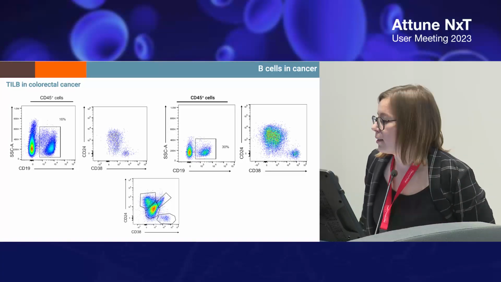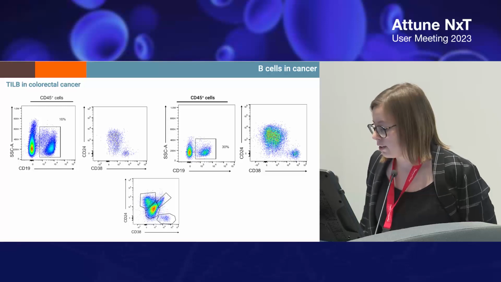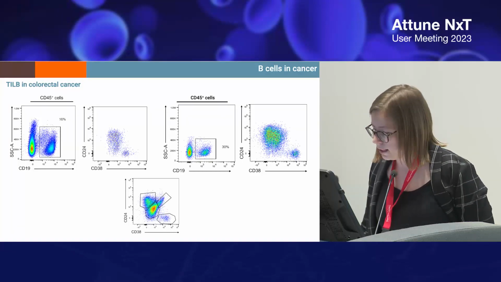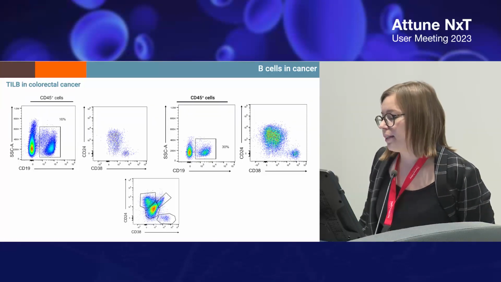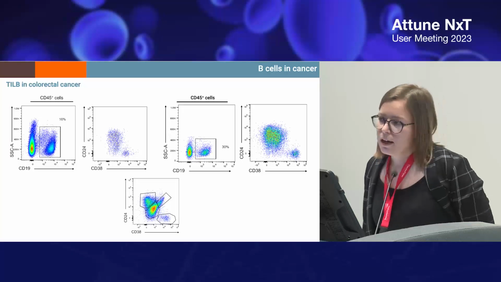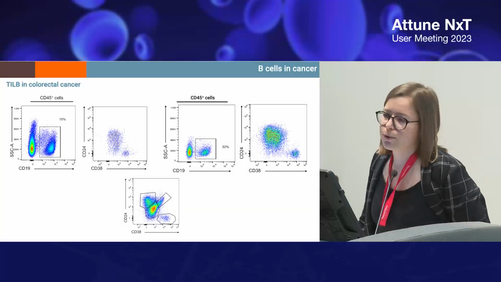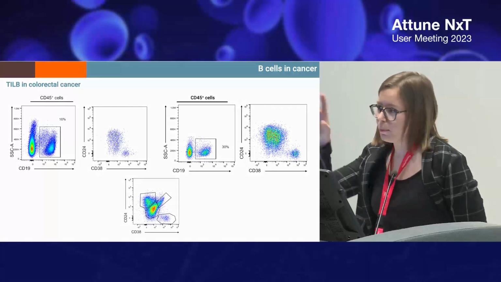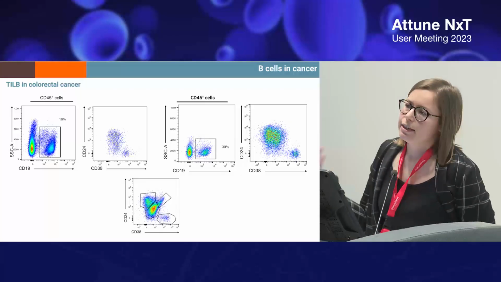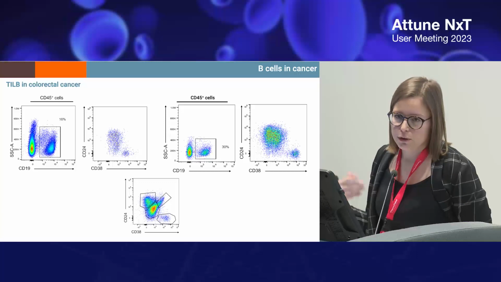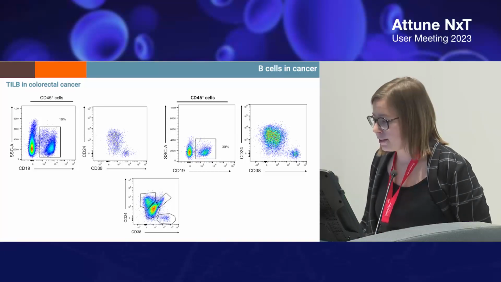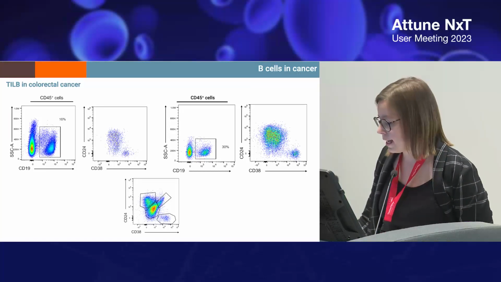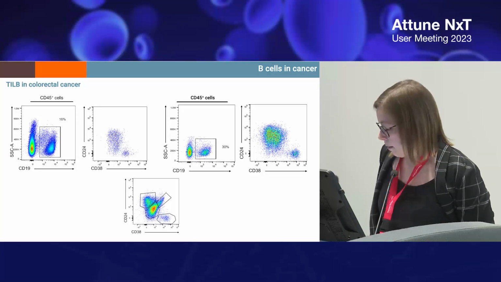If you compare with the gating strategy for peripheral blood, you cannot even distinguish the transitional cells, which you don't want in your tumor infiltrating B cell population, because otherwise it means you may have contamination with peripheral blood, and you cannot distinguish memory B cells and naive B cells.